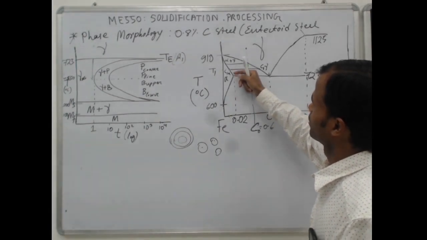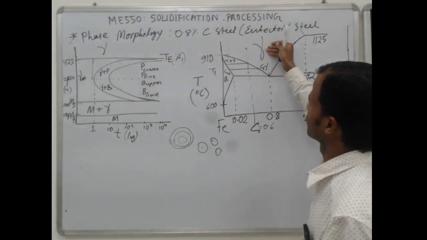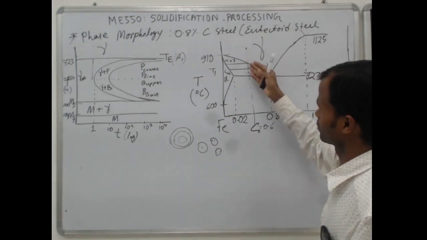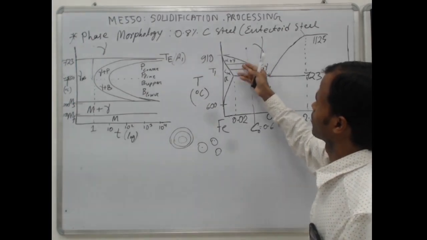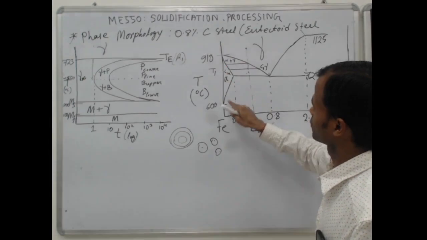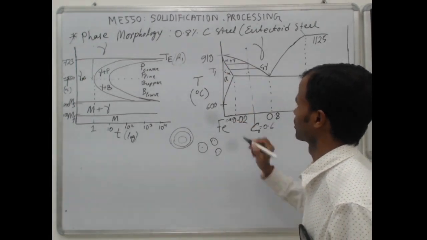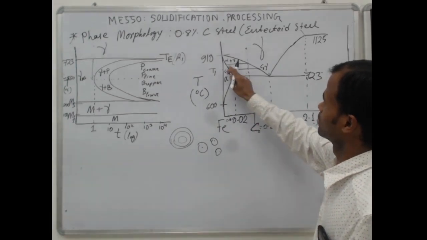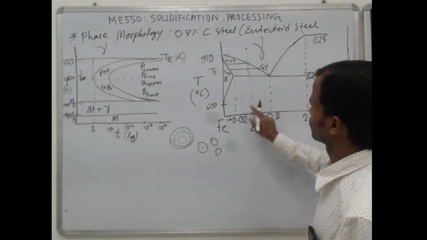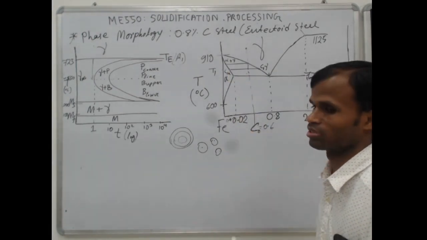Now austenite has higher carbon concentration, 0.6 in this case, while alpha has only about 0.01. From 0.6 to 0.01, there is a huge difference.